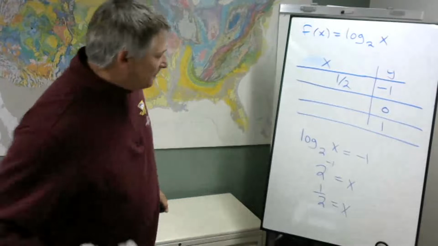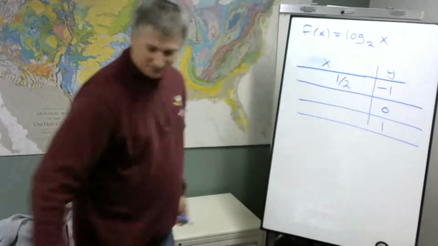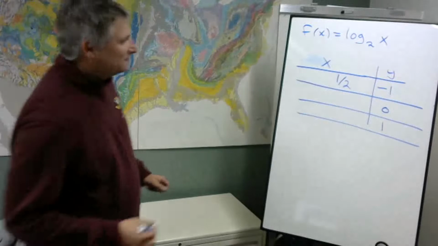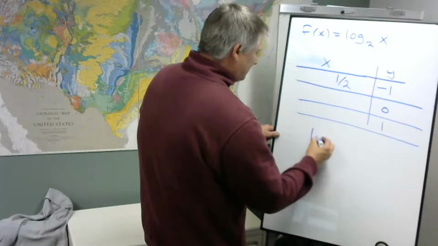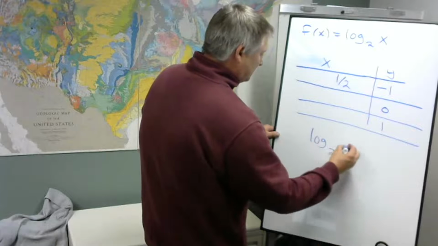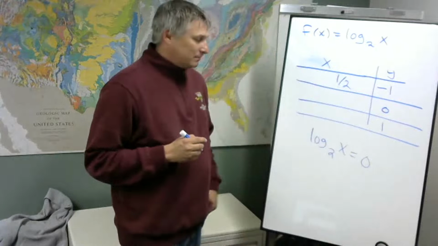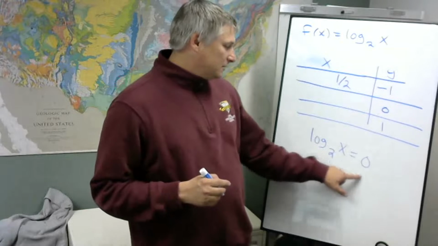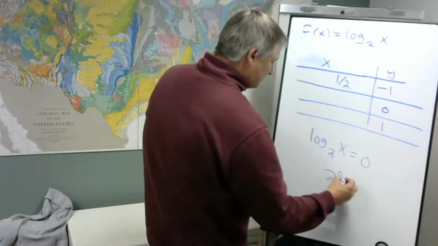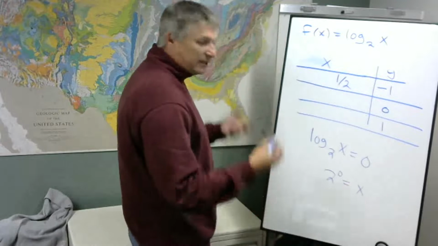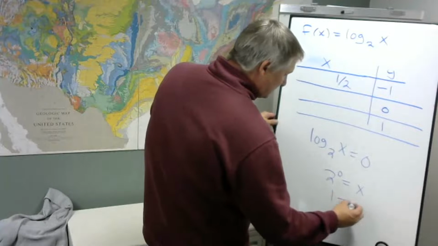Now let's go with 0. So we have log base 2 of x. Well, now the output is 0. So you say 2 to the 0 gives us x. Anything to the 0 power is going to be 1.